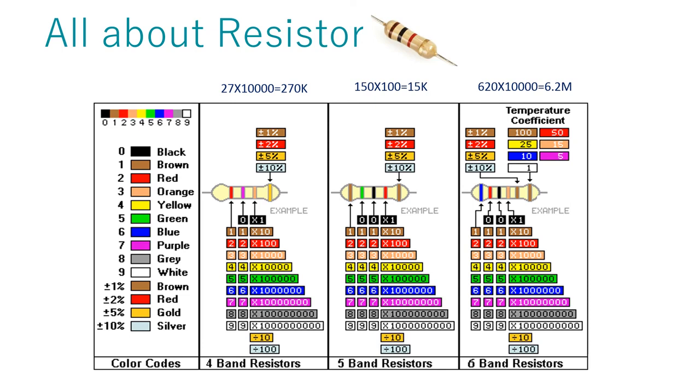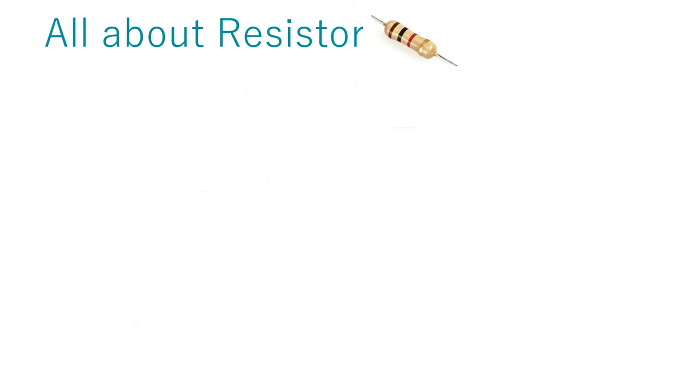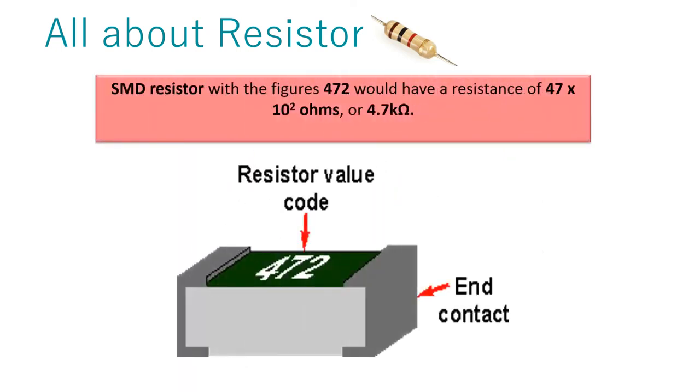First 3 colors indicate resistor value, and the rest of the colors indicate the characteristics of the resistor, like tolerance and temperature coefficient. In SMD resistors, the values are printed in the form of numbers, such as 472 means 47 multiplied by 100, and it is 4.7 kilo ohms.